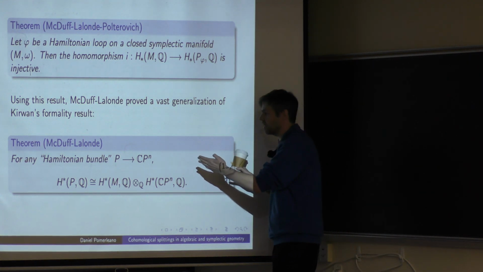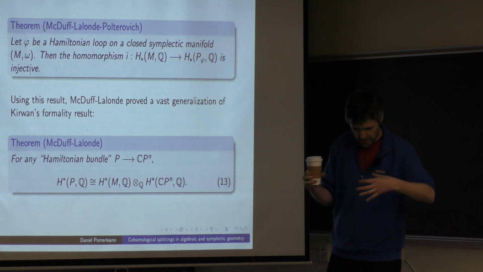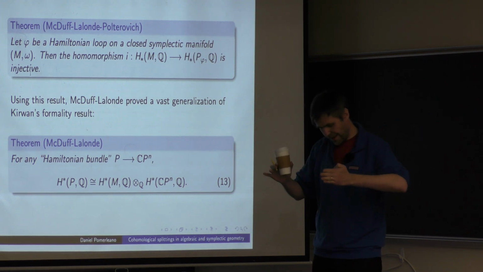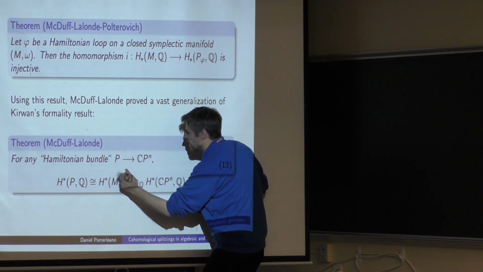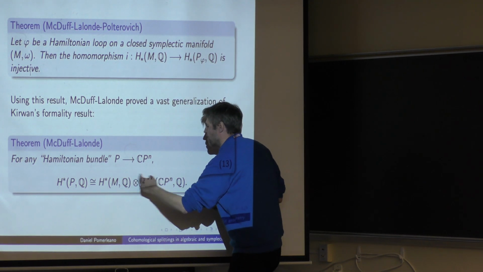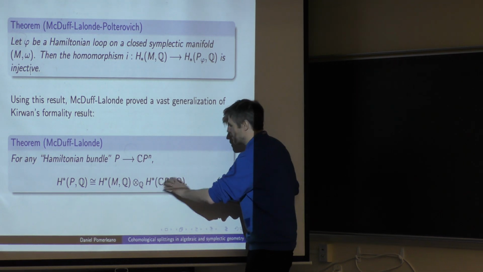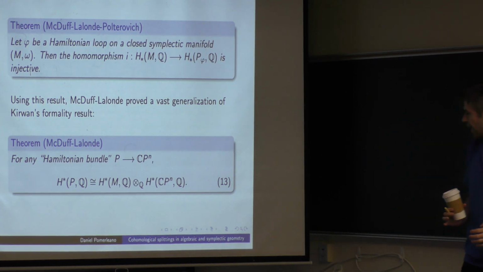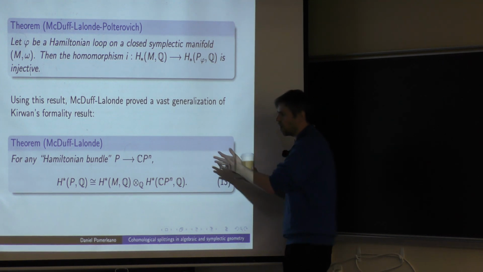In particular, Kirwan's result is about formality for a torus. You can prove it because this cohomology is finite dimensional, with finite degrees, so you can prove it over a sufficiently large dimensional projective space.